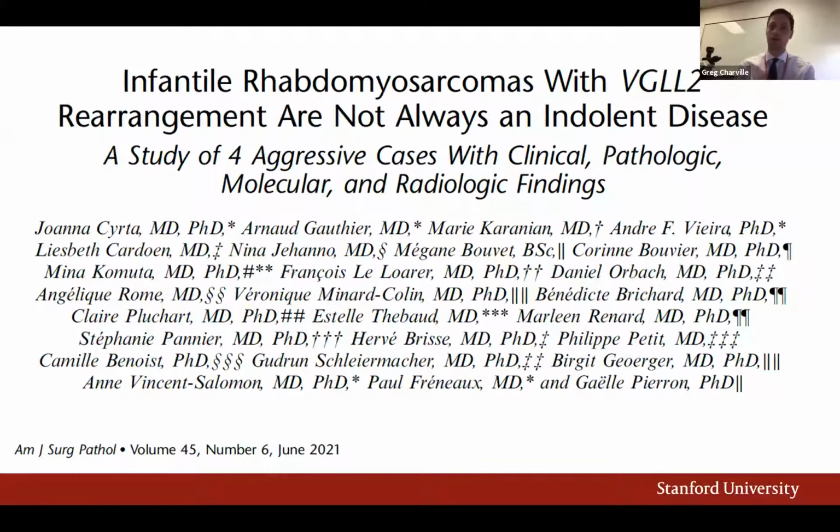I had signed out our case with a comment that typically these tumors behave quite favorably, but this paper kind of turned that concept on its head.